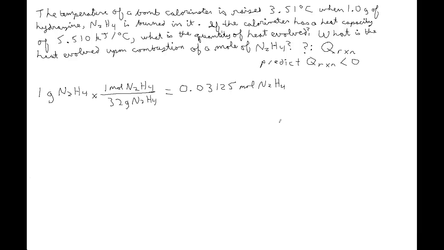And they give us the heat capacity of the calorimeter, but we don't know the initial temperature, but we do know that the temperature was raised by 3.51 degrees Celsius.